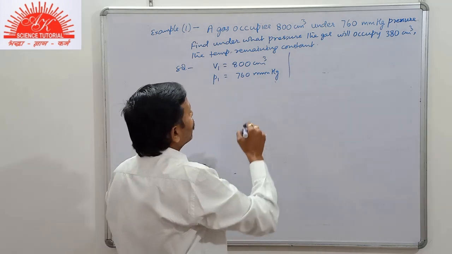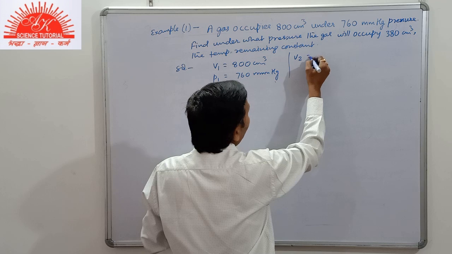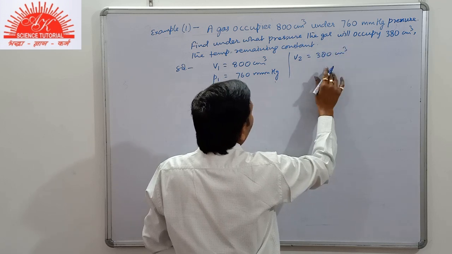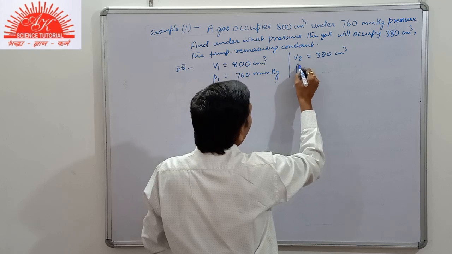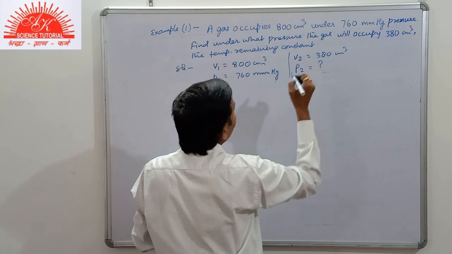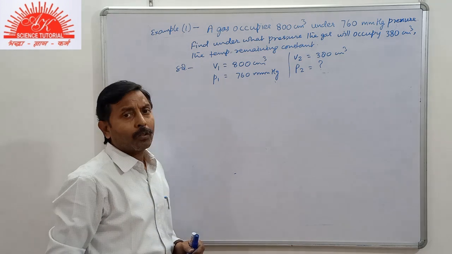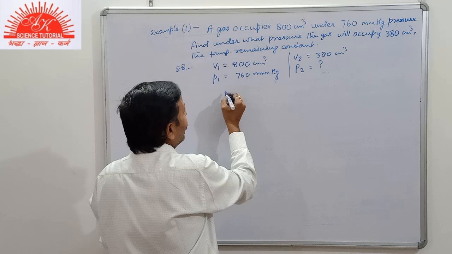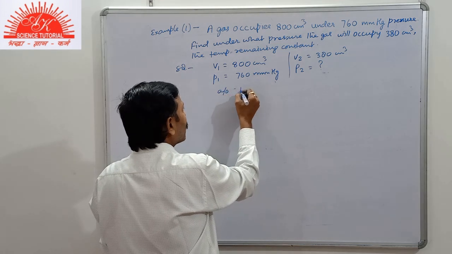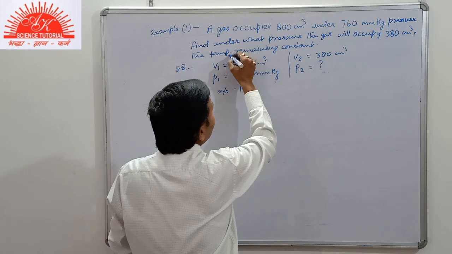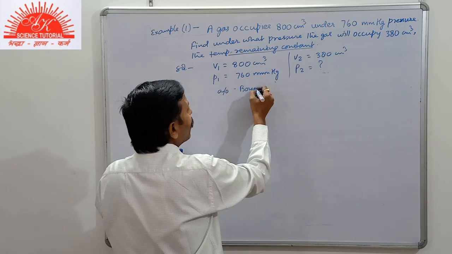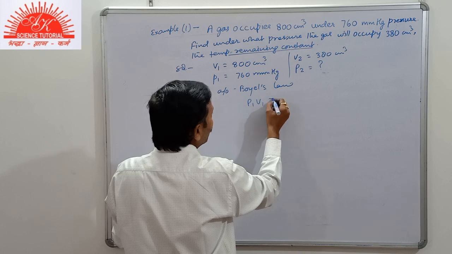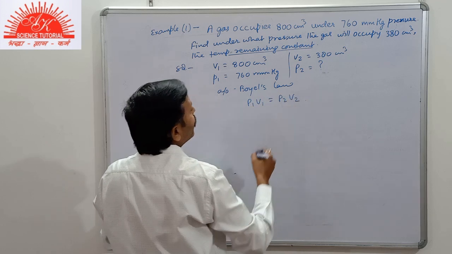But the next time the volume is changed to 380 cubic centimeter, then the question is asked that what is the pressure in this condition? Now you see that according to Boyle's law, since the temperature is constant, so we have to use Boyle's law. According to Boyle's law, P1 V1 equals P2 V2.